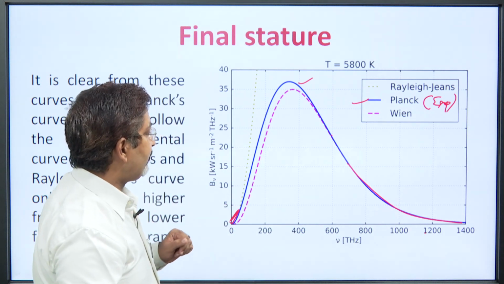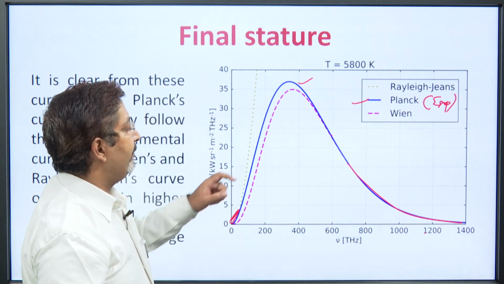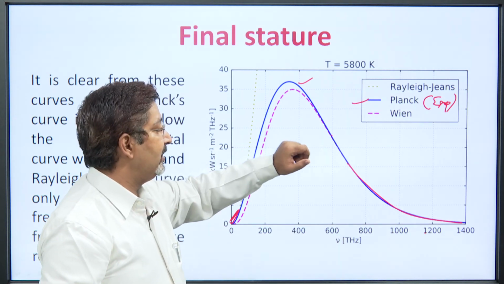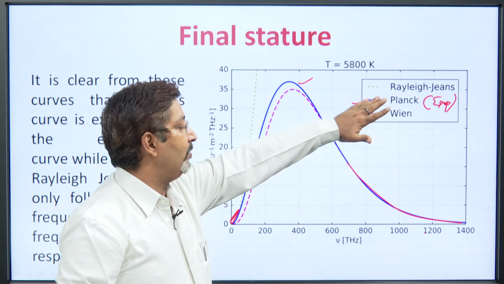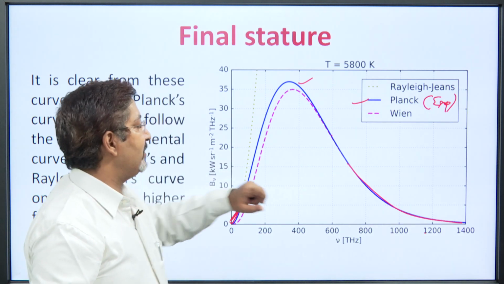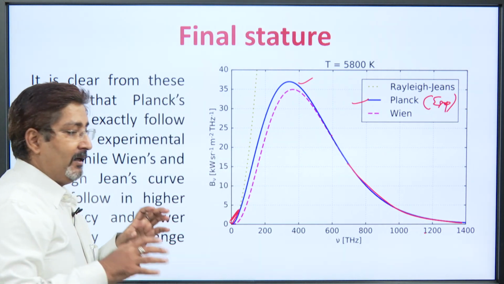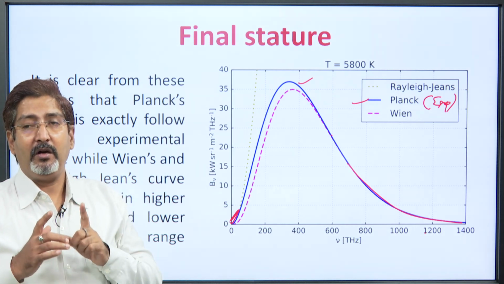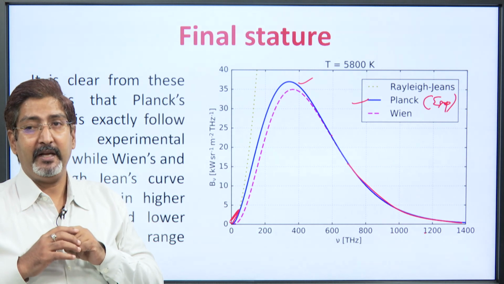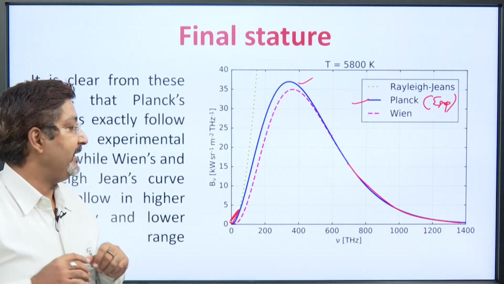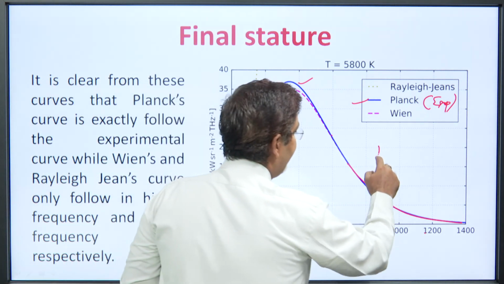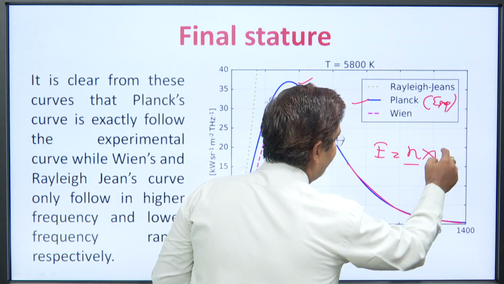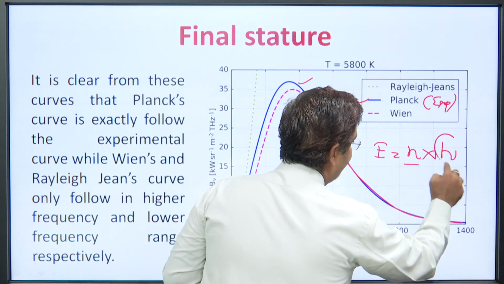So, what we can say here is that the Planck assumption was well established, that energy is absorbed or radiated not continuously, but in a discrete manner, and E is always some integer multiplied by h nu.